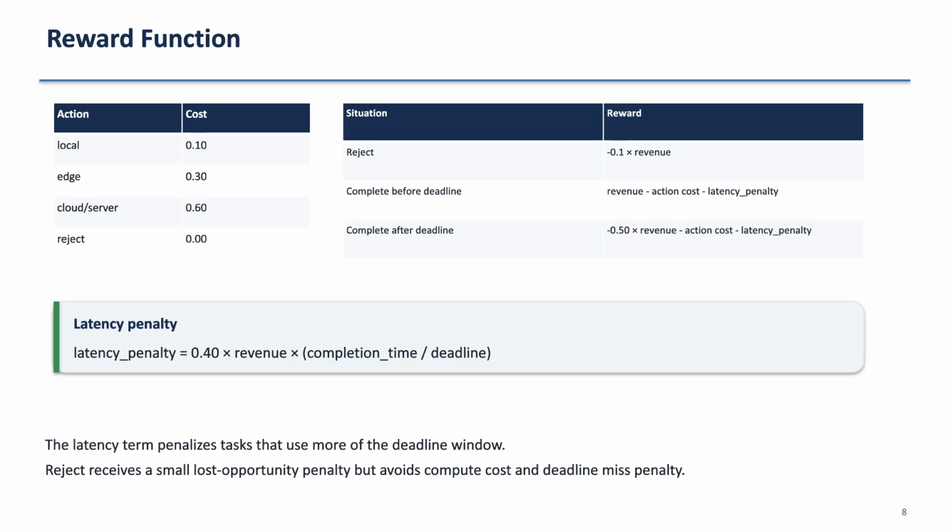So the latency penalty function is equal to 0.4 times the revenue times the completion time over the deadline. The latency term penalizes tasks that use more of the deadline window. The reject receives a small lost opportunity penalty, but it also avoids compute cost and deadline miss penalty.